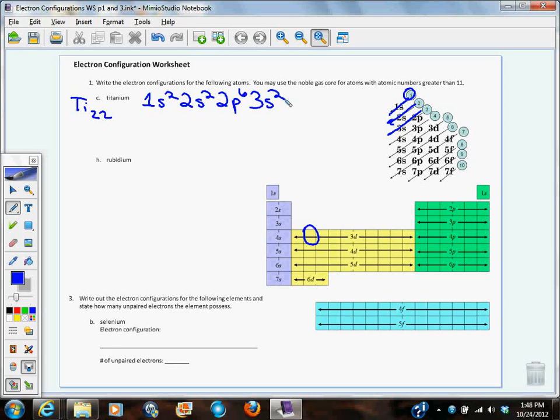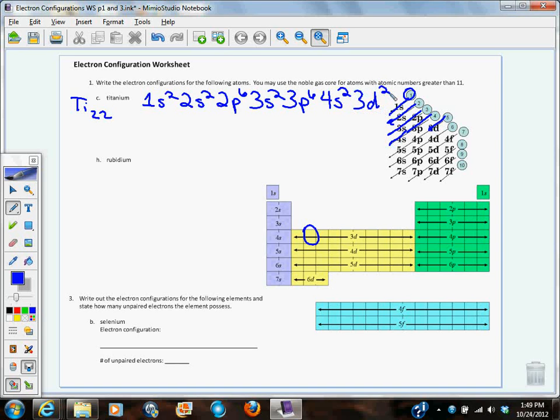So I'm going to come over here to the 4 diagonal, and I get 3p6. And finally, I get the 4s2, but I still have 2 more electrons. So I clear out the 4s2, and for those 2 electrons, the d's can take 10, but I only have 2 left. So that gives me 3d2.